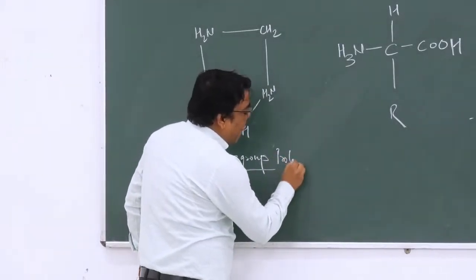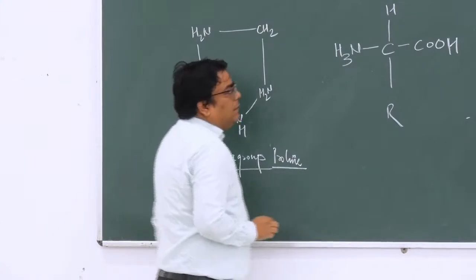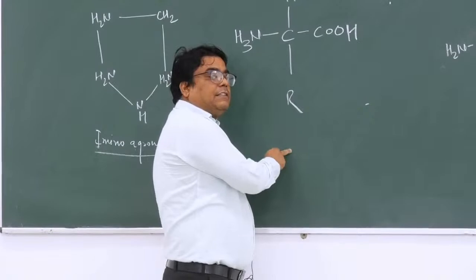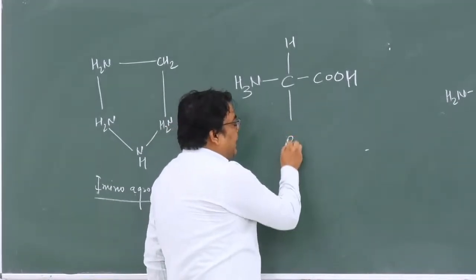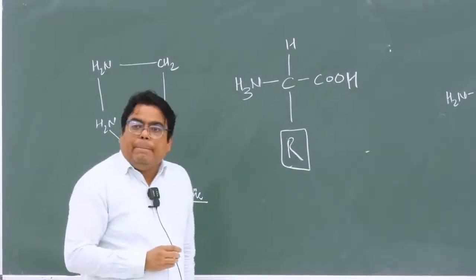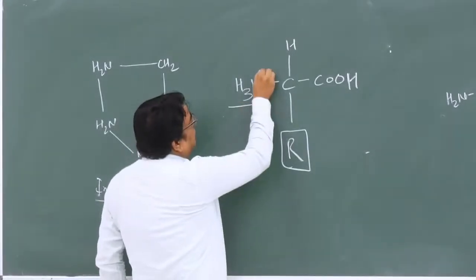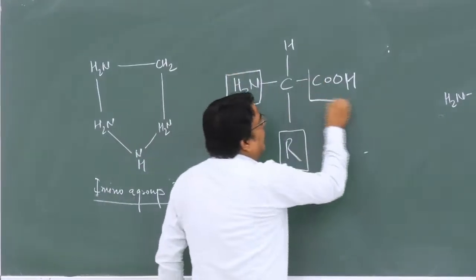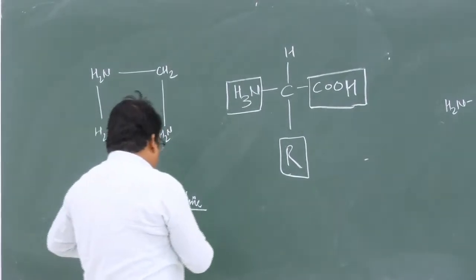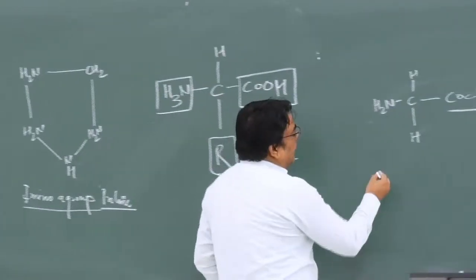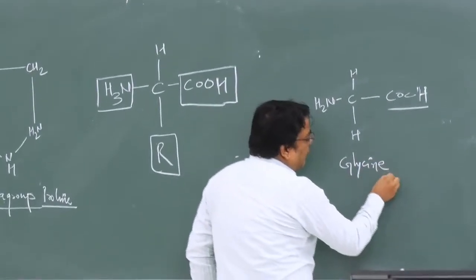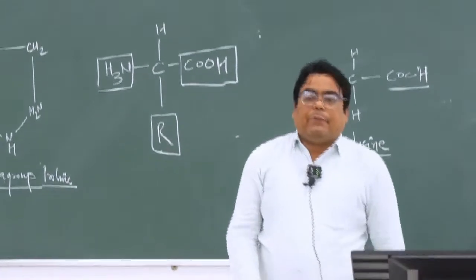The second one is the general structure of an amino acid, which contains different functional groups at the R site, having an amine group on one side and a carboxyl group on the other. And this is the structure of glycine. It is called a simple amino acid.